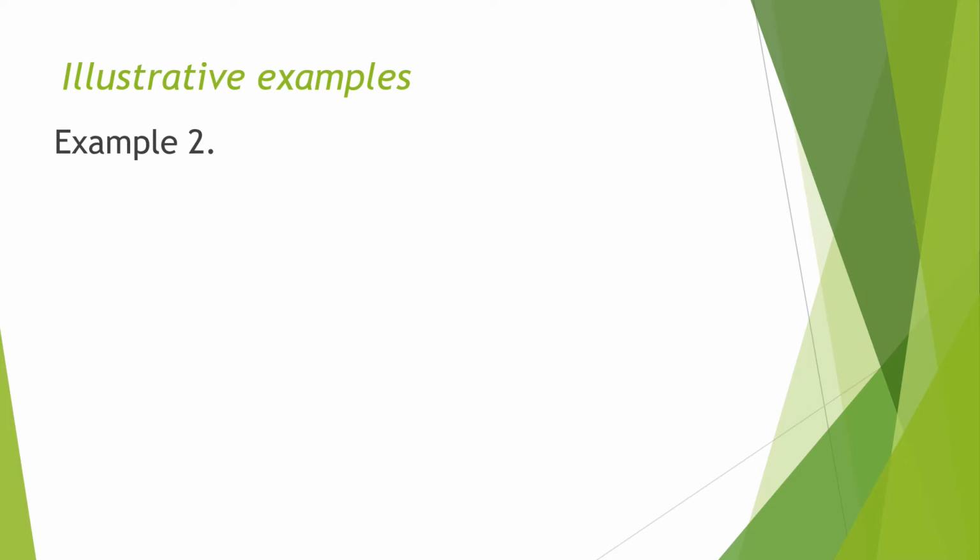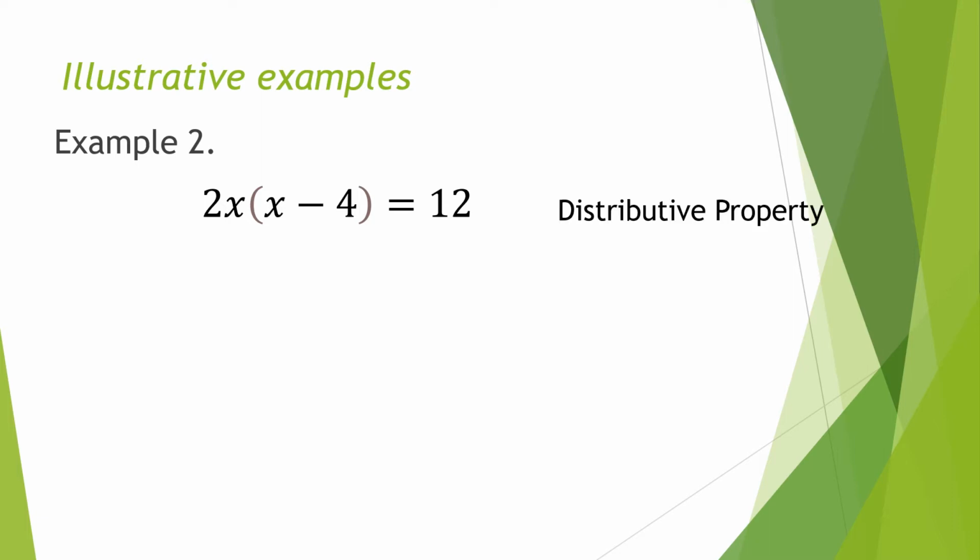So let's have example number 2. 2x times the quantity x minus 4 is equal to 12. Is this a quadratic equation or not? This is a quadratic equation, however, it is not written in the standard form. To transform it in standard form, use the distributive property and make one side of the equation 0.